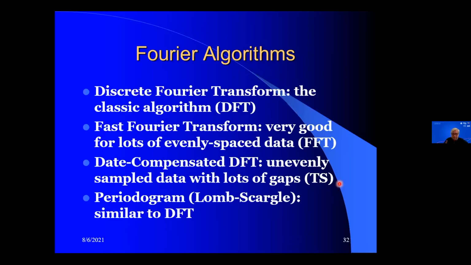And Lomb and Scargle introduced a very famous periodogram, similar to the FT, but with a very strong emphasis on power spectra analysis with its statistical properties. Remember, once you have the period finding, in astronomical observation you also have to estimate the error.